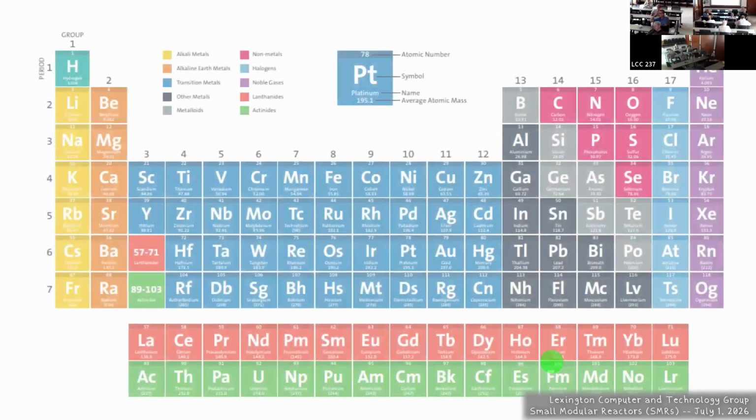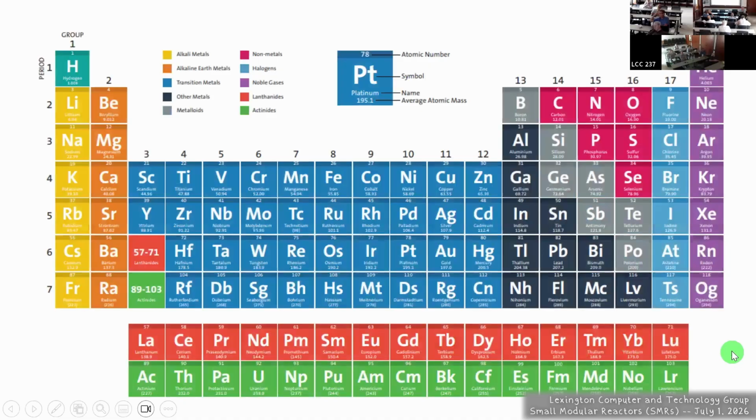Now, what we're going to do first is go back to our good friend, the periodic table. What we're going to look at is this group called the actinides. It's a special group; it doesn't fit on the periodic table. That little box is this whole green line down here.